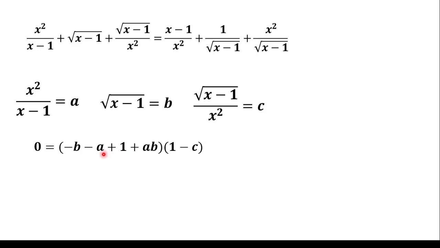In this parenthesis, we can factor minus a from minus a and ab. 1 minus b is common factor, so we can factor it out. The product of three expressions is equal to 0, so we can set each of them equal to 0.